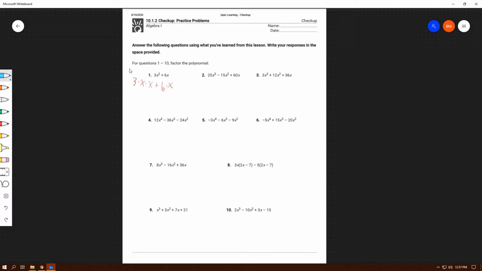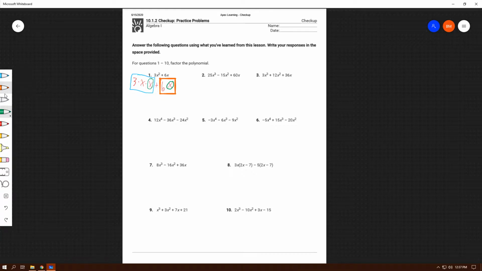We're going to look at the first part, which is the 3x squared, and then the second part, which is the 6 times x. We're going to look at what they have in common. The first thing I see is they both have an x. What else do they have in common? They just have a singular x, and then they have the numbers 3 and 6.